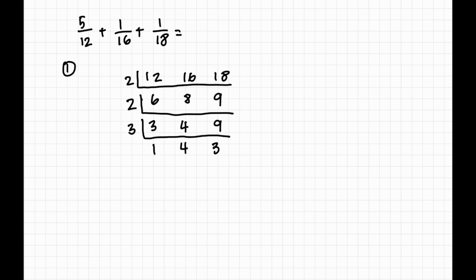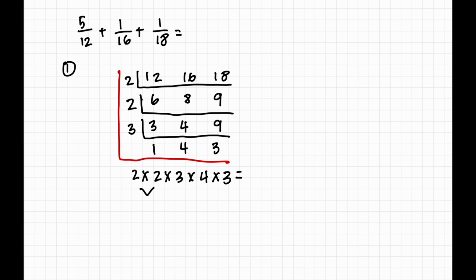And we would multiply in an L shape. So 2 times 2 times 3 times 4 times 3 is the least common multiple. So 2 times 2 is 4. 3 times 3 is 9. And 4 times 4 equals 16.